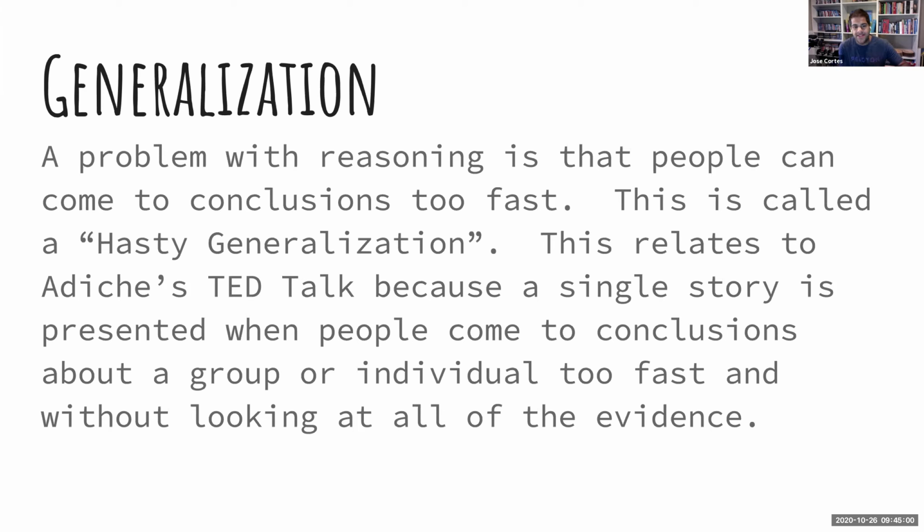And so the idea is that jumping to conclusions fast is a problem because you're only really looking at one little piece of the story. If we think of that in the context of DJ, she comes to a conclusion way too quick about Fide's family. She comes to a conclusion way too quick about what music in Mexico must be, right?